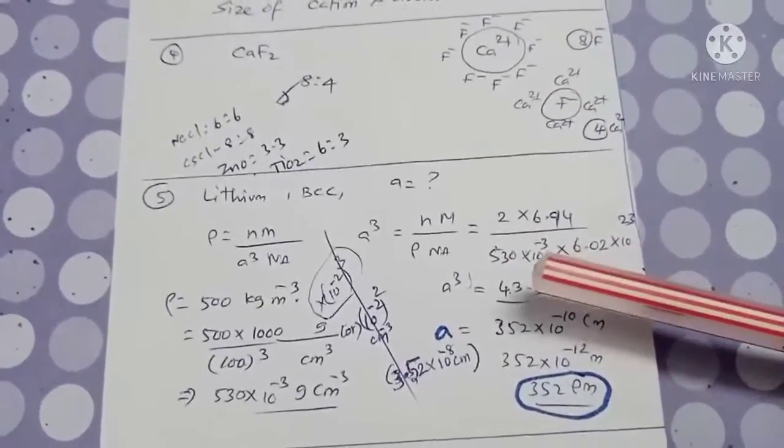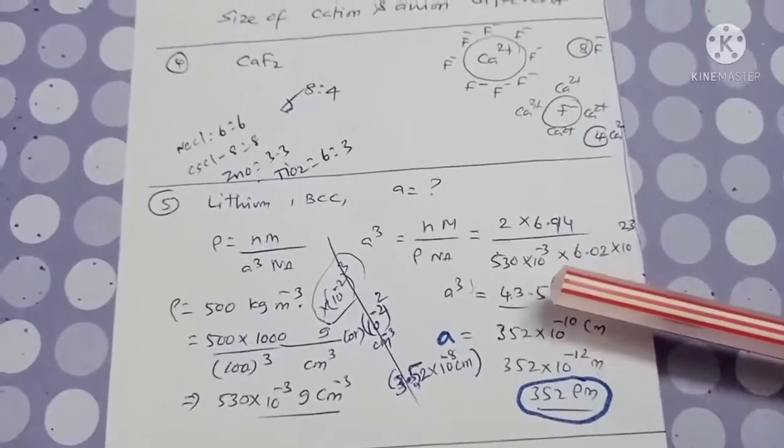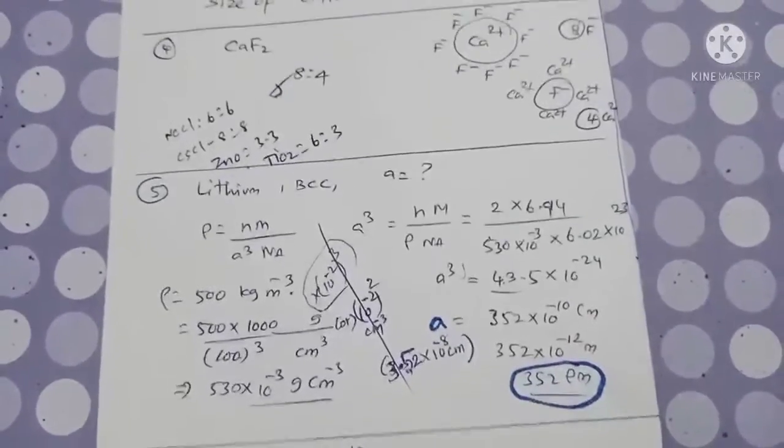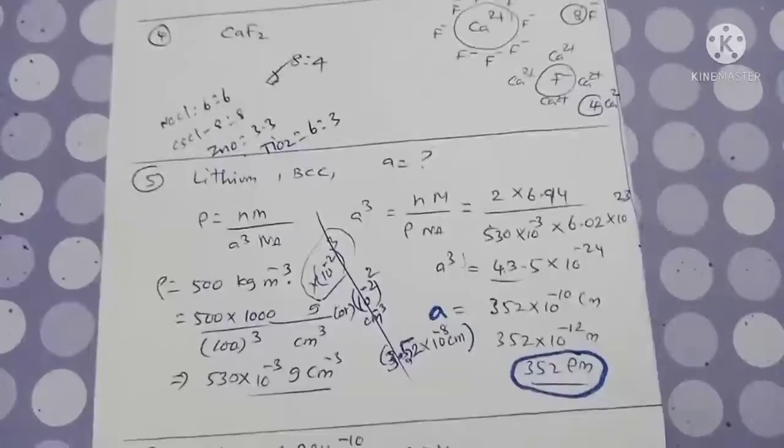The density is 530 into 10 power minus 3. The density is given in kilogram per meter cube, so I am supposed to make it gram per centimeter cube.